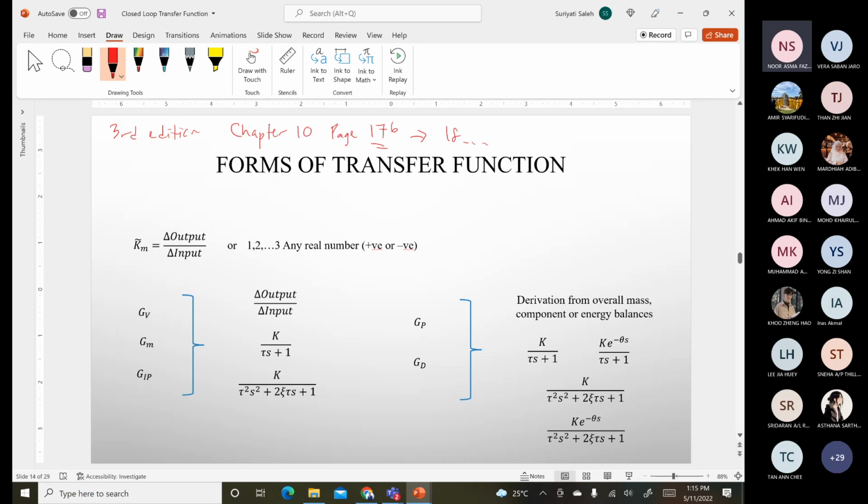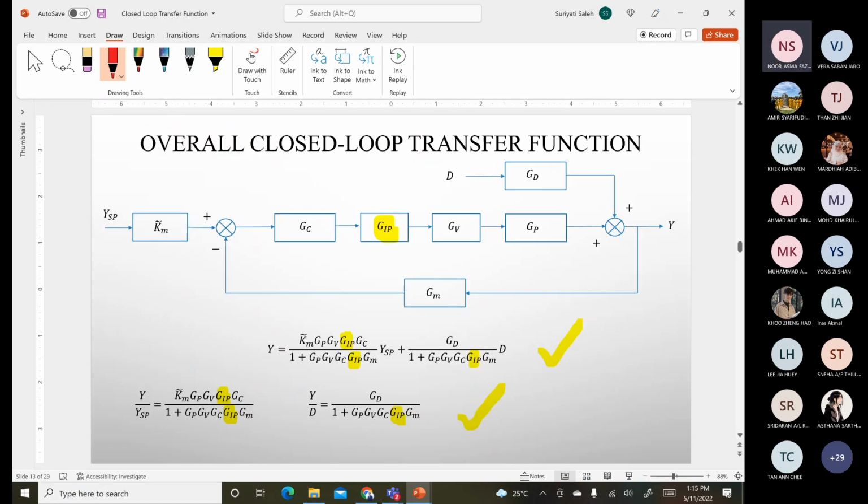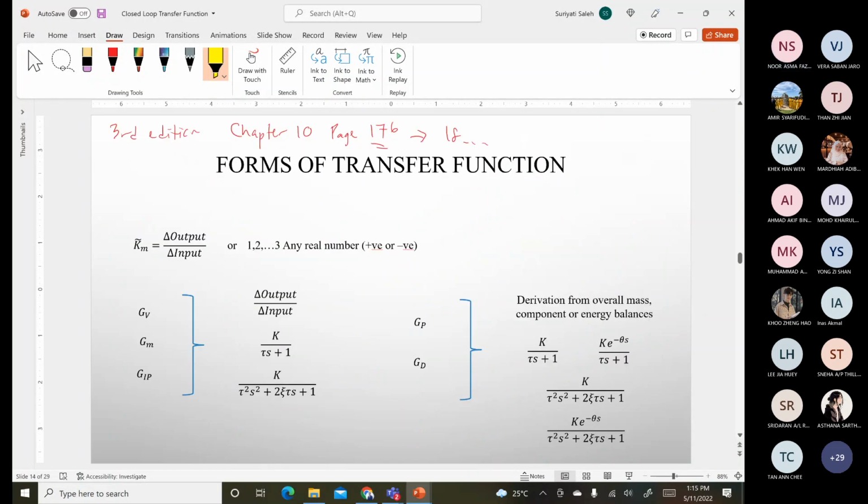So based on the transfer function here, you are already familiar with the GP and the GD. For the GP and the GD, you can derive them from the overall mass, component, or energy balance, if it's not given to you. For a final exam, normally we don't give it to you, and you need to derive it by yourself.